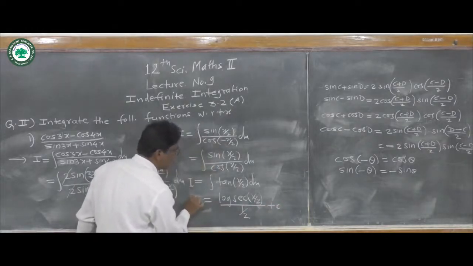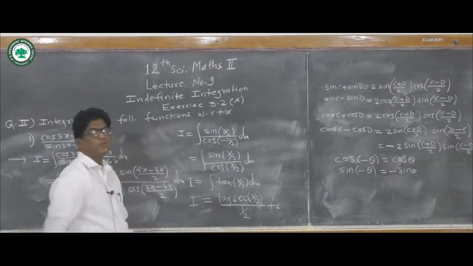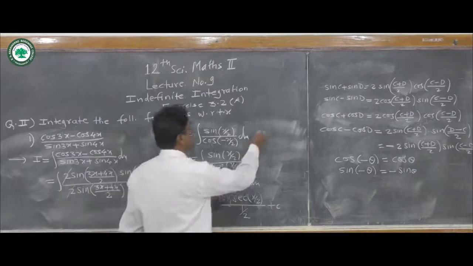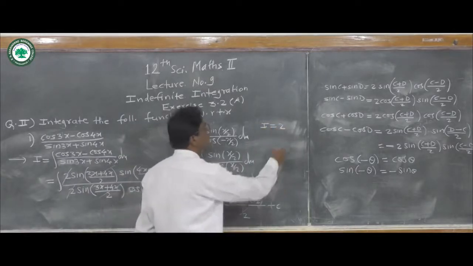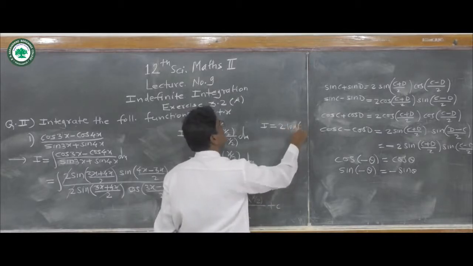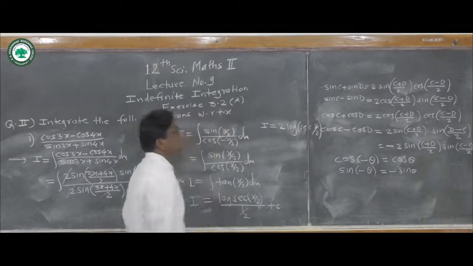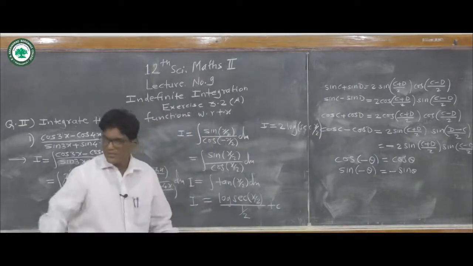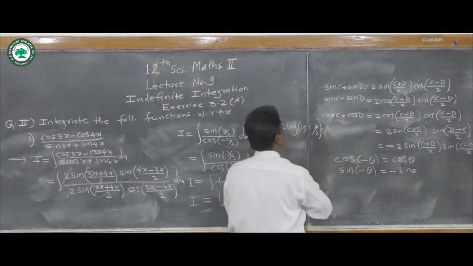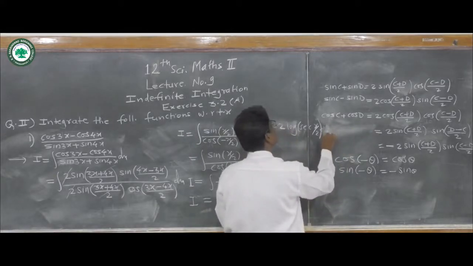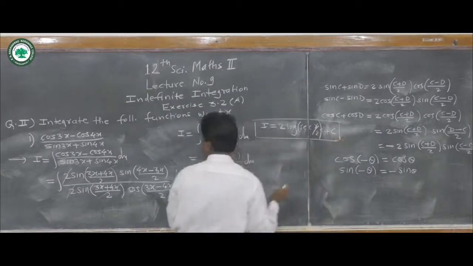Writing 1/2 in the denominator as 2 upon 1, we get I is equal to 2 log of sec of x by 2 plus constant of integration. This is the final solution for this first problem.